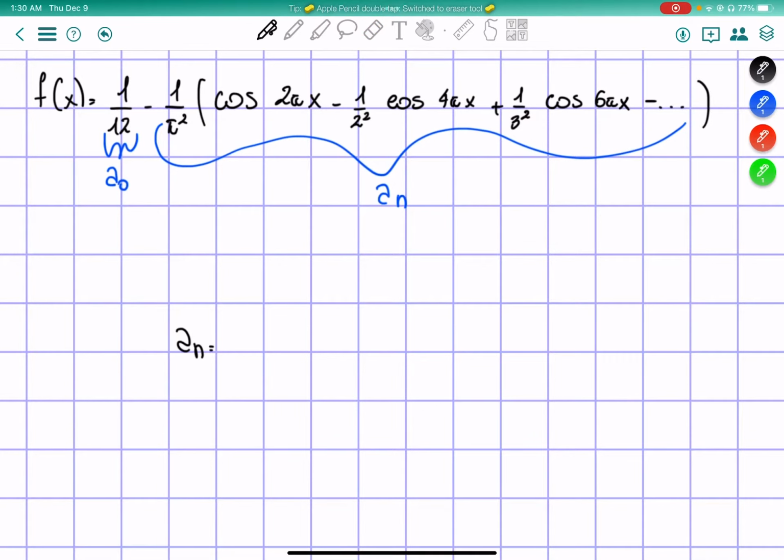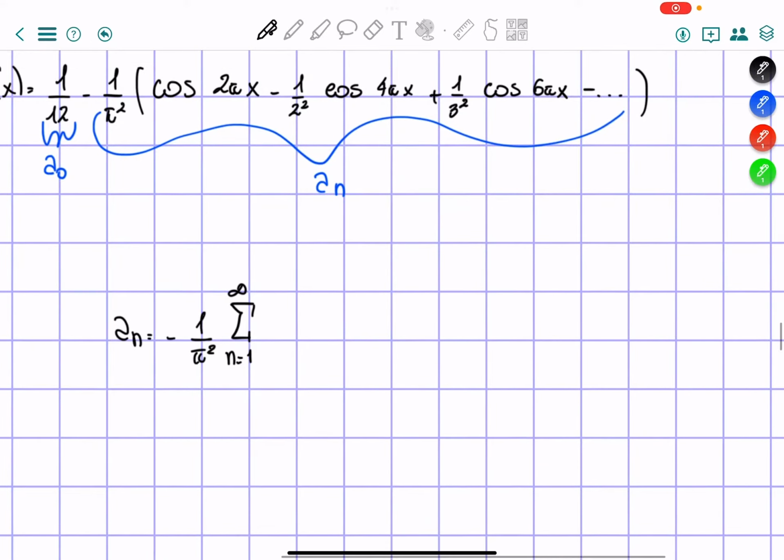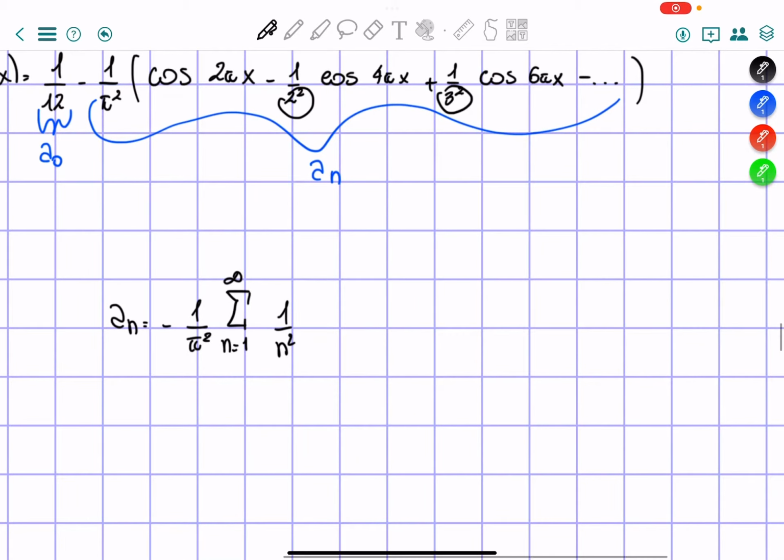Well, a of n is equal to, we'll start by writing the constant in front, 1 over pi squared, and then the sum from n equals 1 to infinity of what? Well, we're going to have 1 over n squared, and then cosine of 2n pi x.